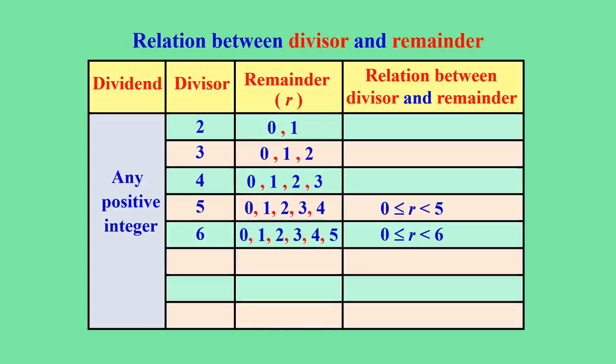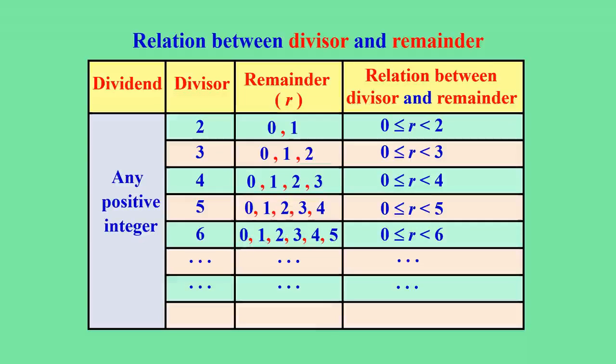If 4 is the divisor, 0 less than or equal to remainder less than 4. If 3 is the divisor, 0 less than or equal to remainder less than 3. If 2 is the divisor, 0 less than or equal to remainder less than 2.